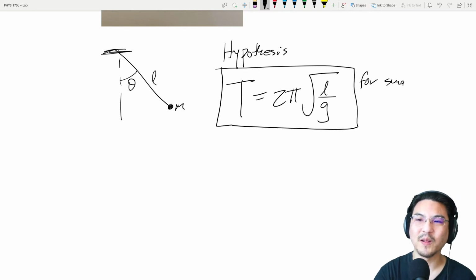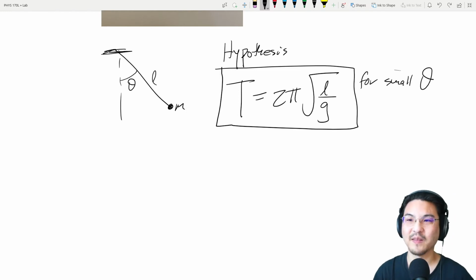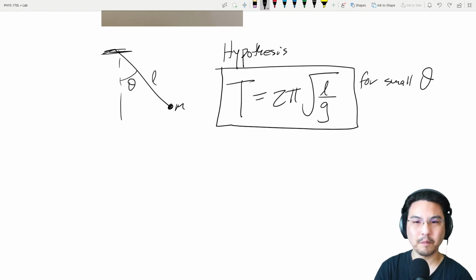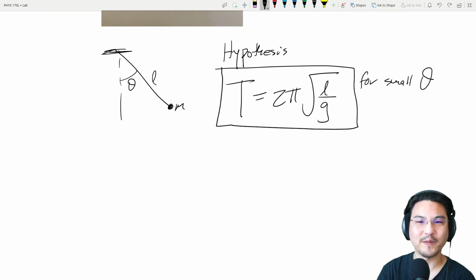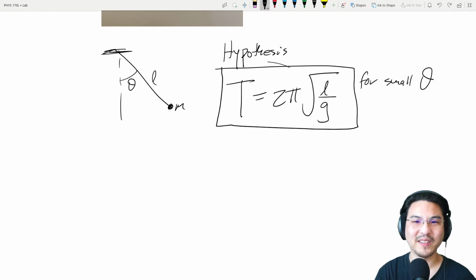for small angles. And I'll explain this in another video. So the period is a function of the length and g, but notice what's missing. It's not a function of the mass or the angle.